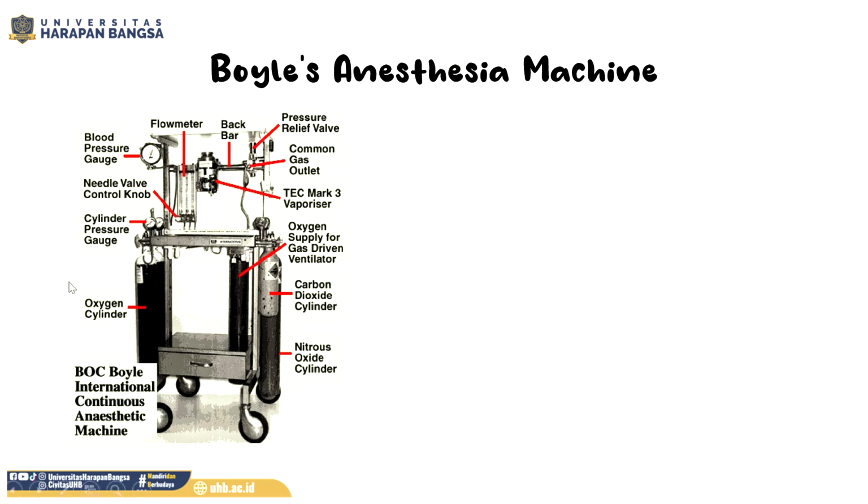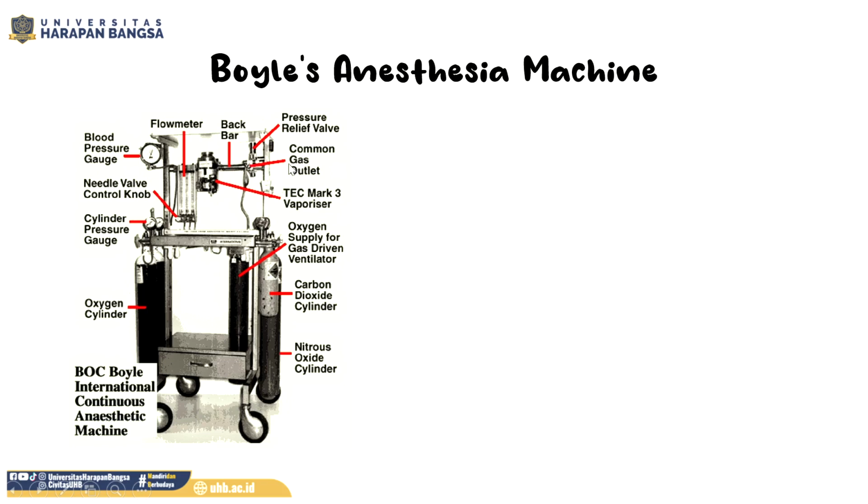So this is the machine of Boyle's. We can see here the nitrous oxide cylinder, carbon dioxide cylinder, and then oxygen supply for the gas-driven ventilator. And then this is the TEC Mark III vaporizer.